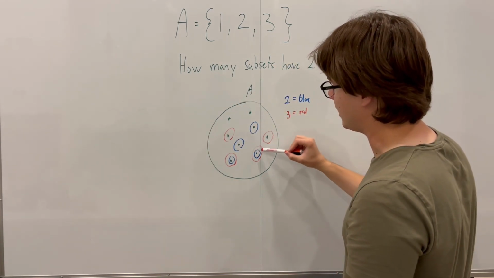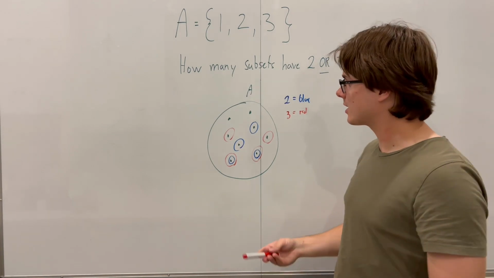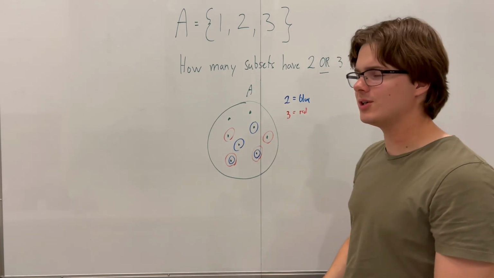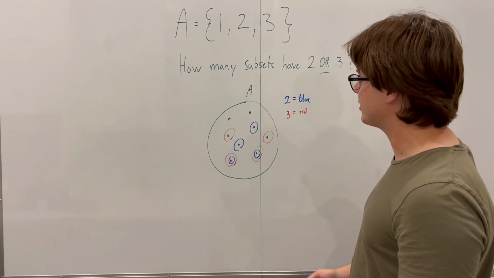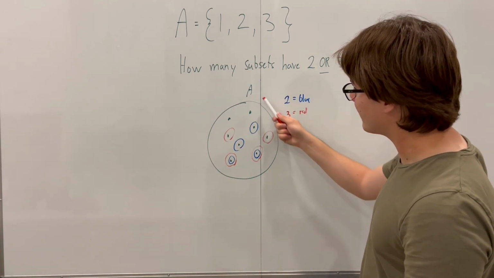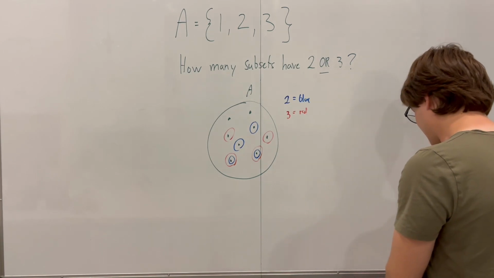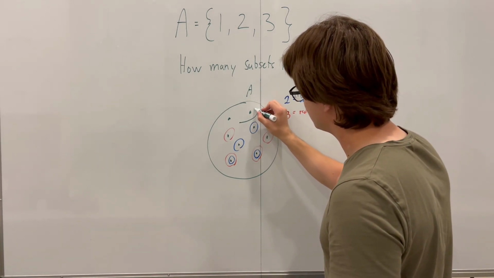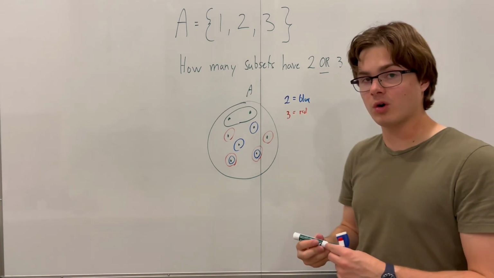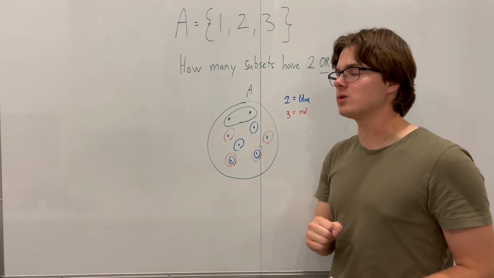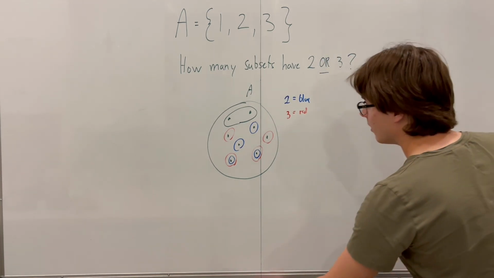Why don't we just subtract what doesn't fit the criteria, because that seems to be easier here. So in this case, it would be easier to compute the total number of subsets minus these sets right here that do not meet the criteria we're looking for. And that's the technique we're going to use for our 2 to the power of n method.